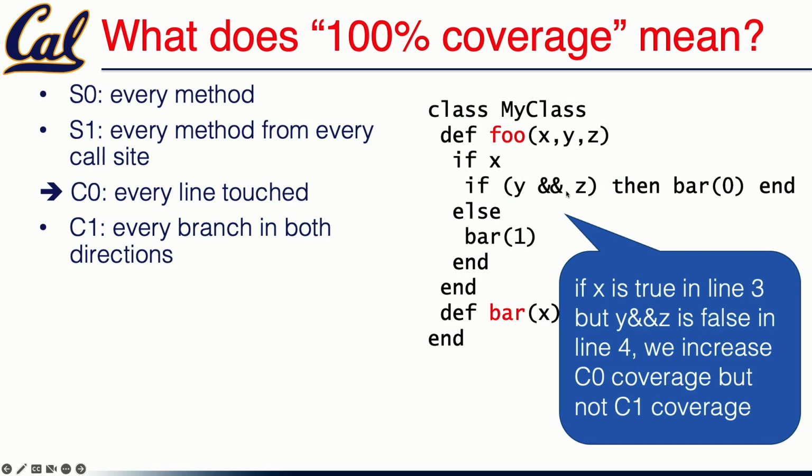But in this case, Y and Z is false. This line has been touched, so C0 coverage has been achieved. But the then clause of this if has not been touched. So C1 coverage hasn't been increased. So every line being touched and every branch being taken in both directions are not necessarily the same thing all the time.